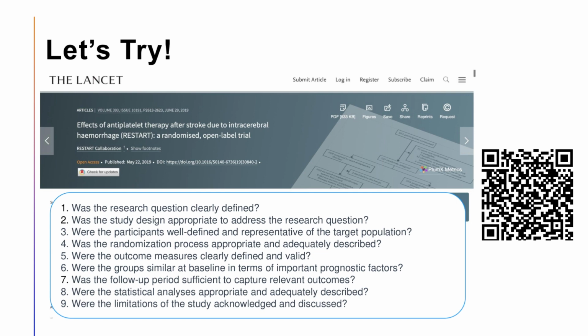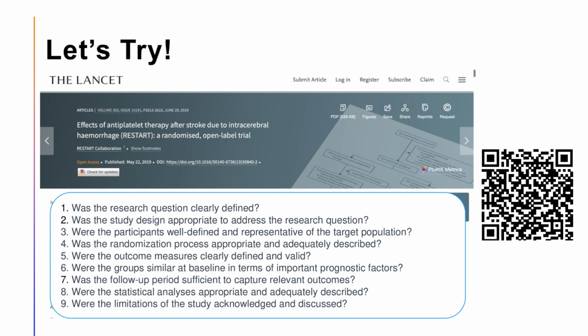Moving on, were the outcome measures clearly defined and valid? The primary outcome measure was the occurrence of symptomatic recurrent intracerebral hemorrhage or ischemic stroke. Moreover, the RESTART trial actually used validated criteria to identify and assess this outcome. So that tells us a lot about the validity of the measure.